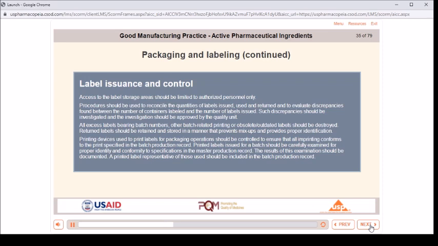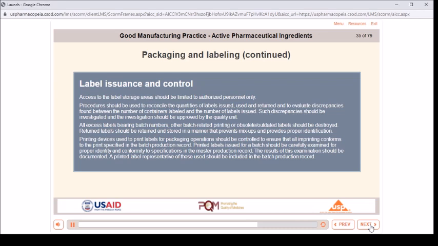All excess labels bearing batch numbers, other batch-related printing, or obsolete, outdated labels should be destroyed. Returned labels should be retained and stored in a manner that prevents mix-ups and provides proper identification. Printing devices used to print labels for packaging operations should be controlled to ensure that all imprinting conforms to the print specified in the batch production record.